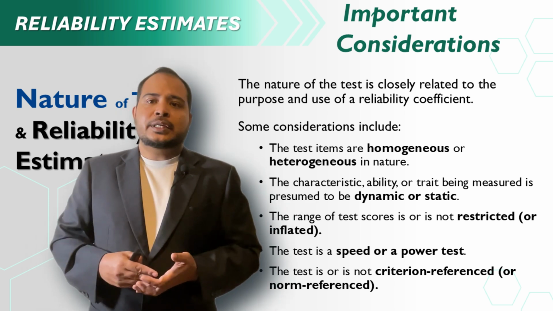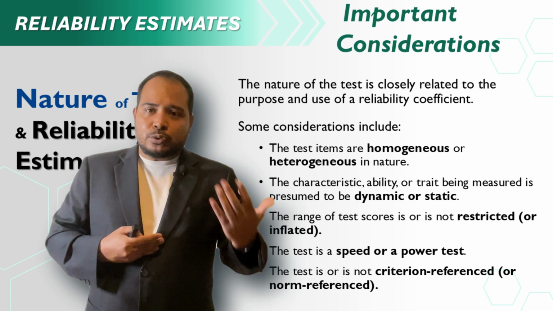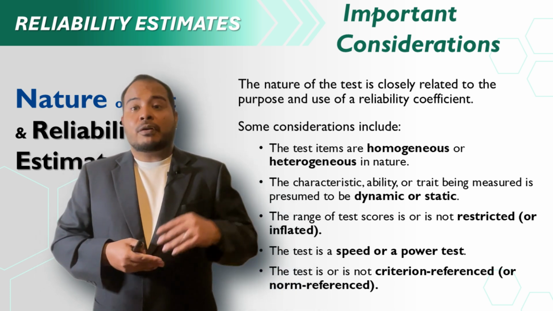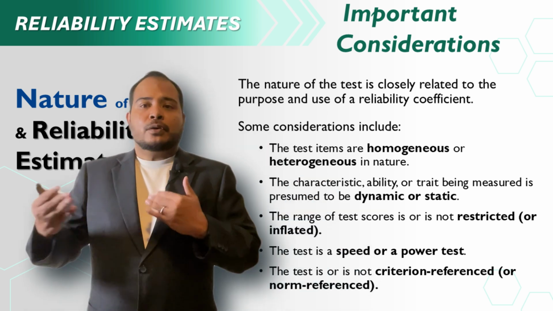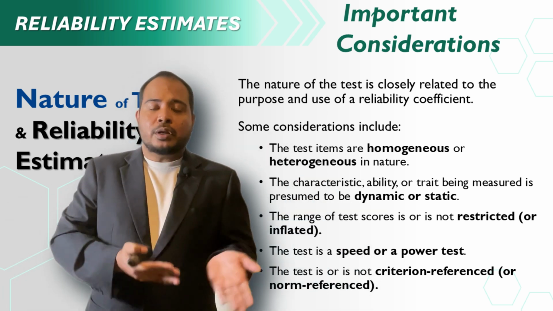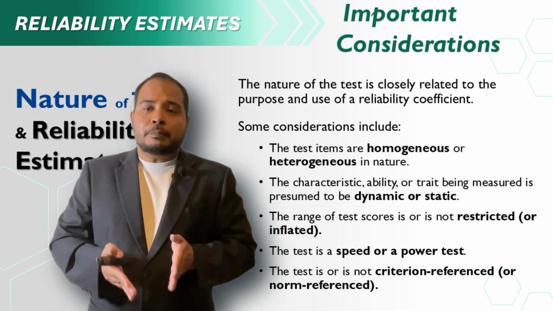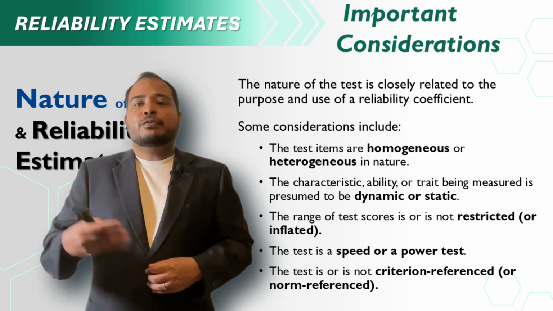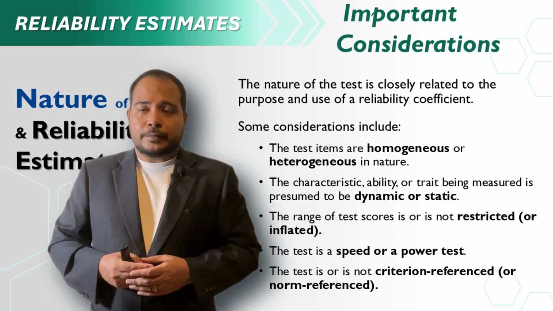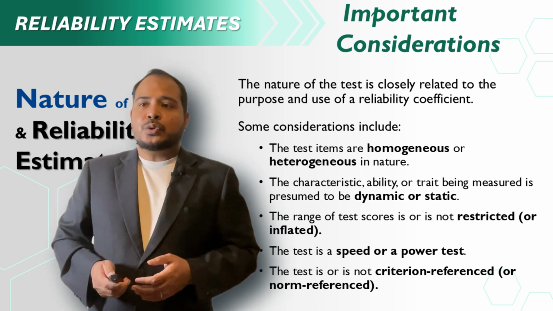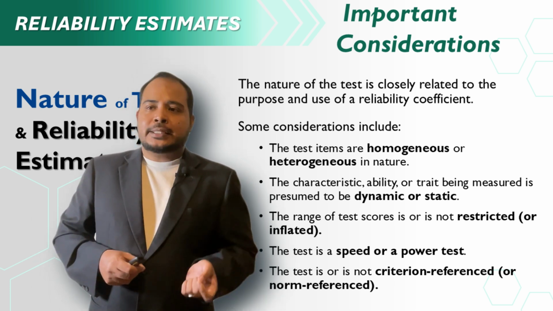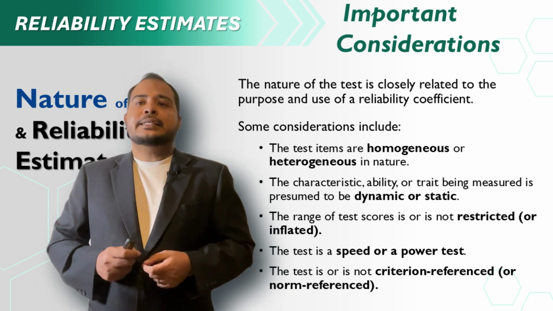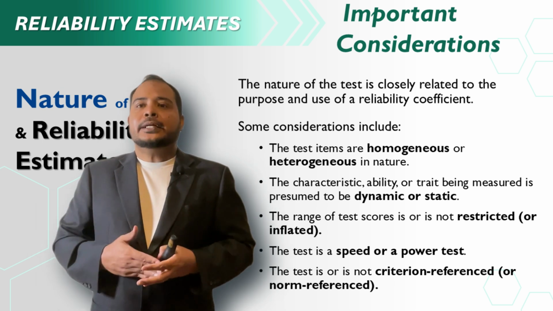So you have to consider whether, for a speed test, it is good for us to use internal consistency or not. Or maybe it's better to have alternate forms for a speed test. For a power test, because it asks respondents to solve a problem, we may need to depend on judges, raters, or subject matter experts to give us estimations of reliability. And the last one, we also need to consider whether the test is a criterion-referenced or norm-referenced test.